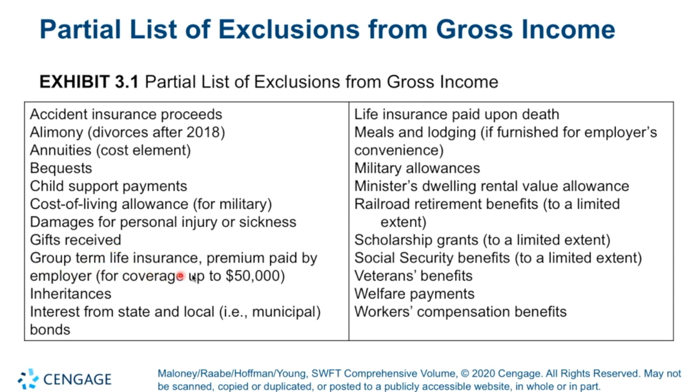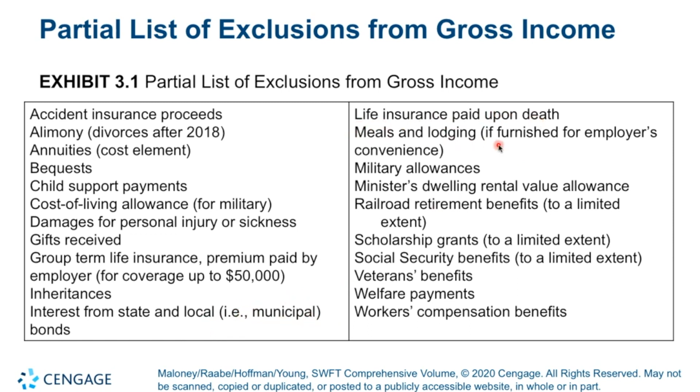Group term life insurance, premium paid by the employer for coverage up to $50,000. Inheritances, interest from sale from state and local bonds. Those are often called municipal bonds. Life insurance paid upon death.